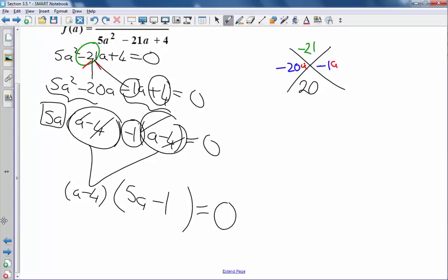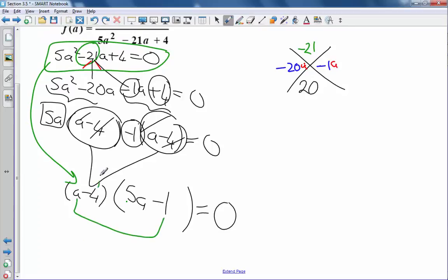This is a good review of AC method from 1075, but I know some of you guys can go from here to there by trial and error method. You find what two numbers multiply to 5a squared, it's a and 5a. You find what two numbers multiply to 4, but when you FOIL outside terms and inside terms, they match minus 21.